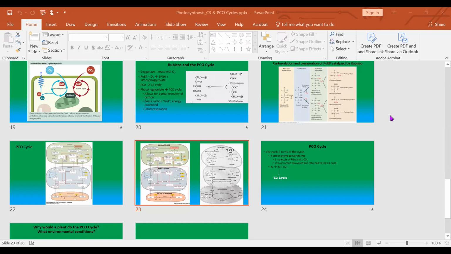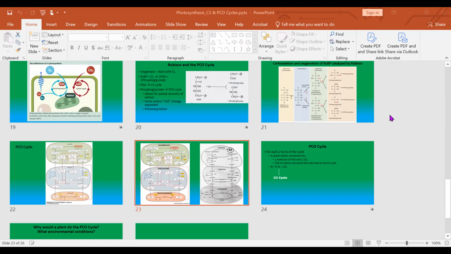So they're showing the CO2 coming in, and they're saying it reacts with phosphoenolpyruvate. So does Rubisco do that step? No, that's not Rubisco. When you look at the C4 and the CAM, Rubisco is not the immediate enzyme that works on the CO2 coming into the plant.